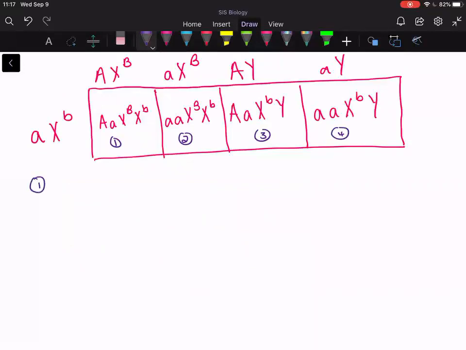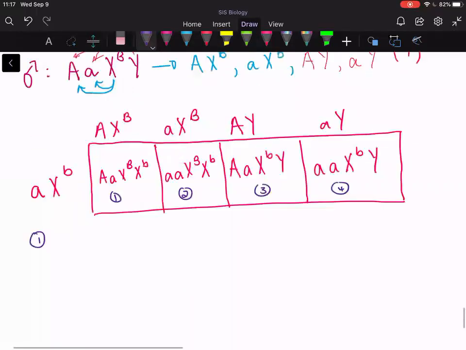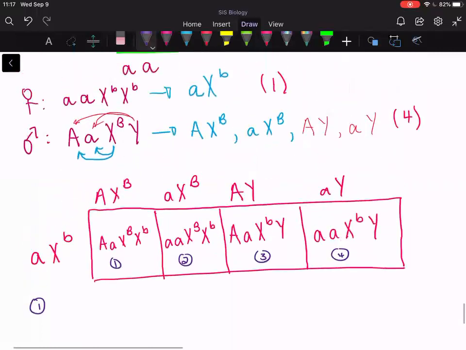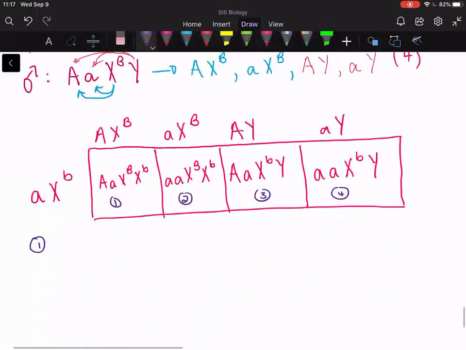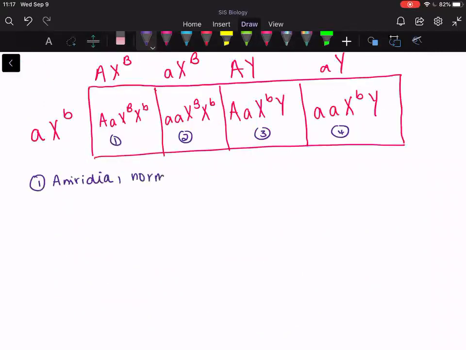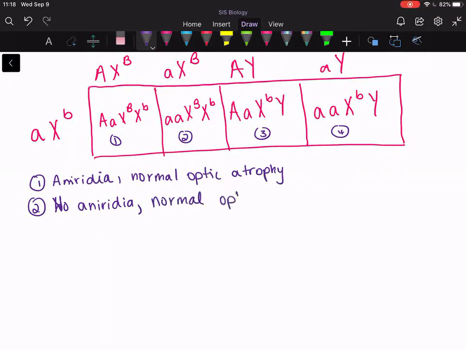So number 1 is aniridia, and then normal optic atrophy. Number 2, no aniridia, and then normal optic atrophy.